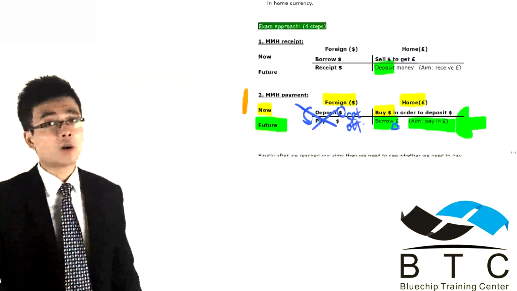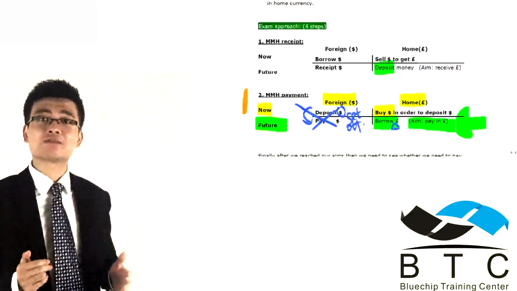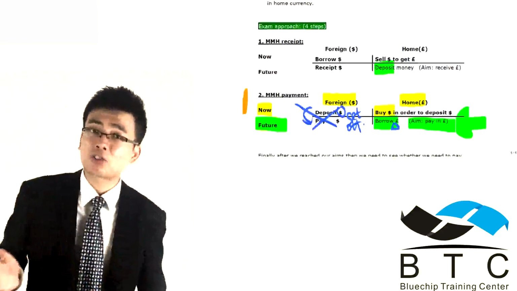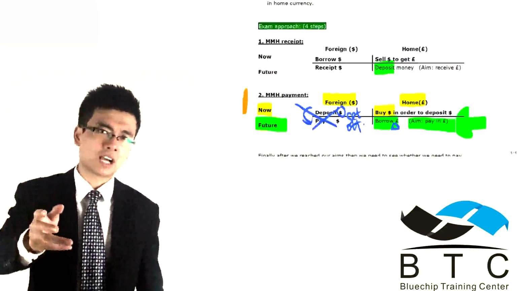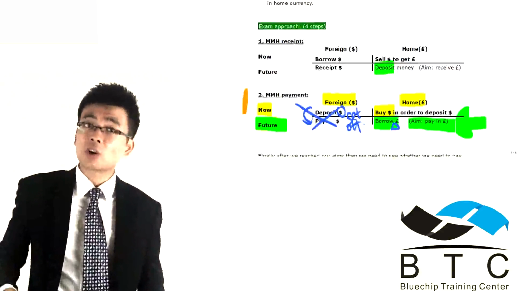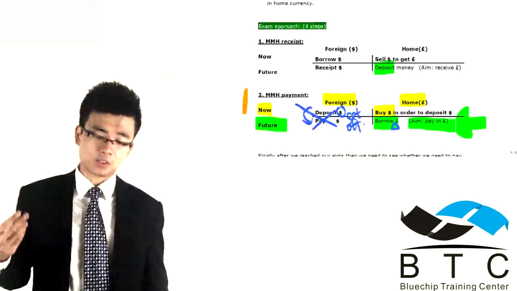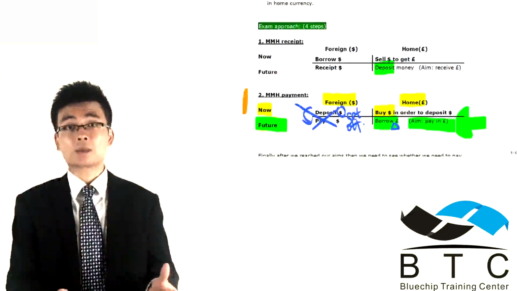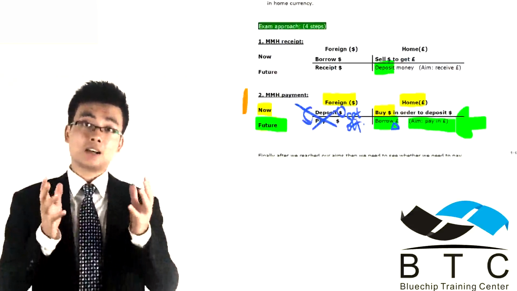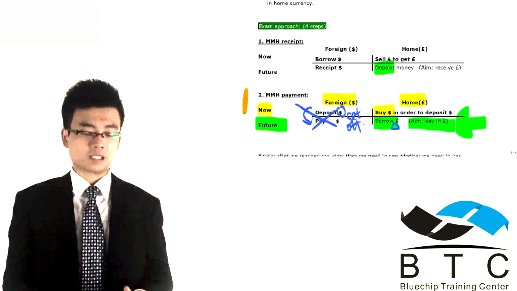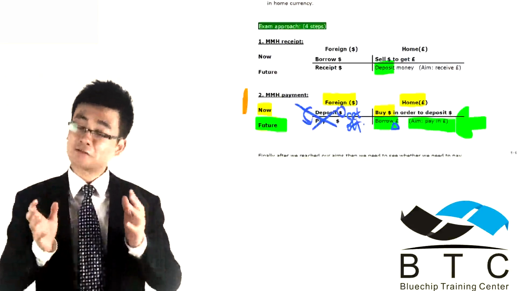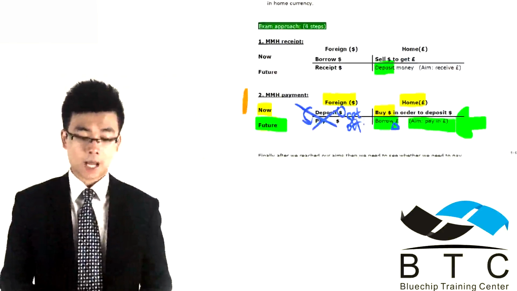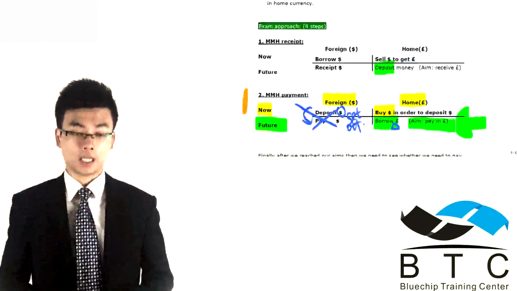You may have a question: Steve, do we need to borrow money from the UK bank to pay the interest payments and also use that money to deposit it? Of course, maybe the answer is no, because maybe you have lots of cash within your company. Of course, you can use that cash surplus to do that. But for the sake of argument in the exam, create this table, just to simplify this idea, so that you borrow some money from your UK bank, your home bank, so that you can purchase the dollars to be deposited into the foreign account.